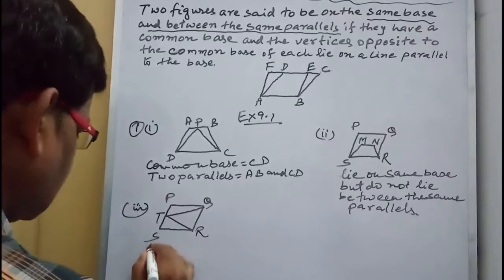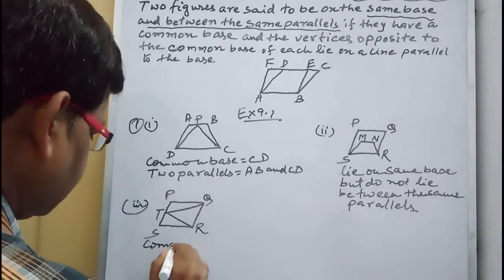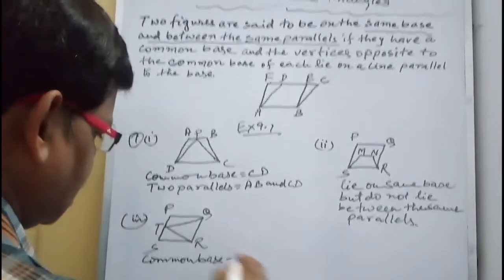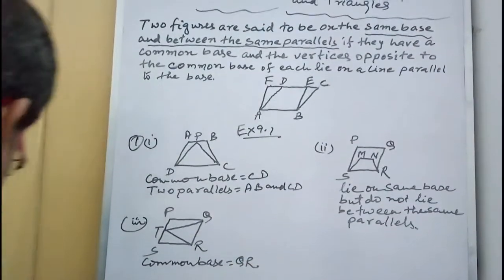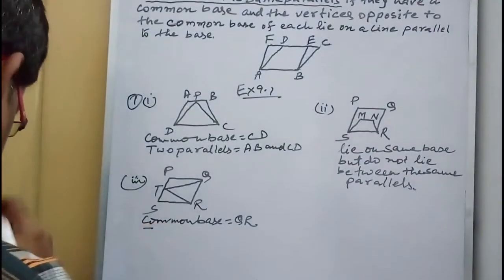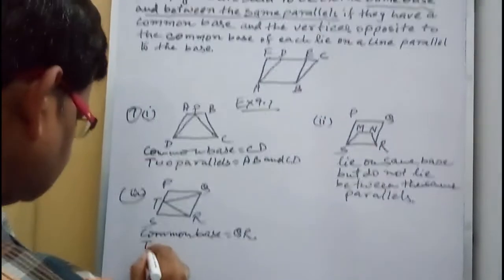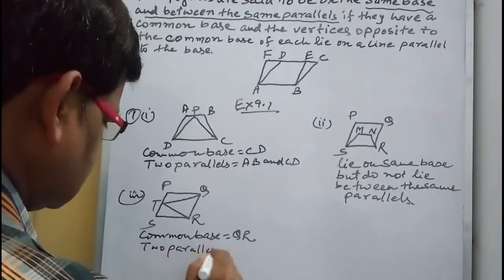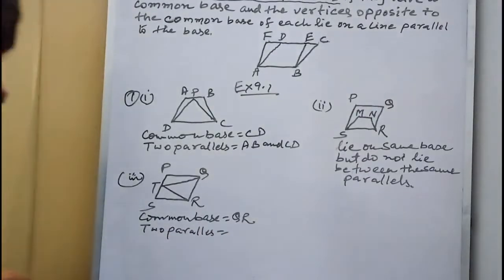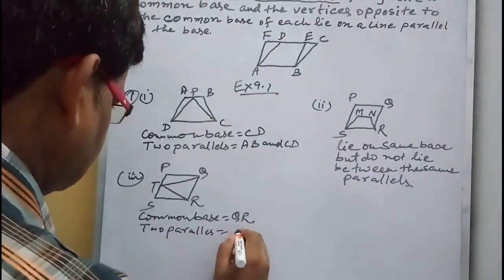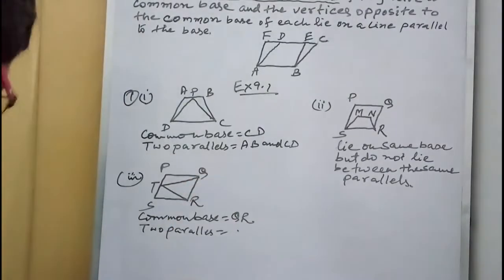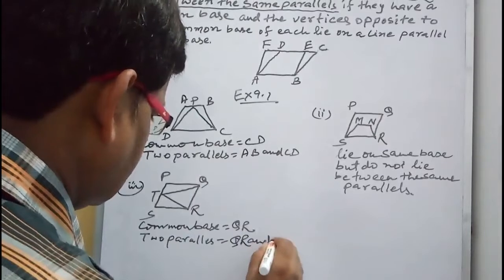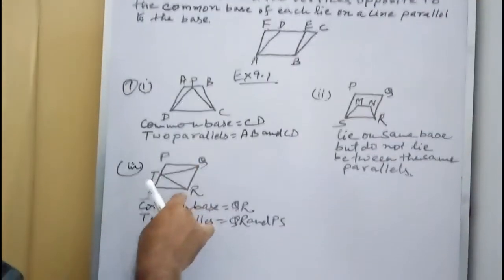So here the common base is QR, and the two parallels are QR and PS.